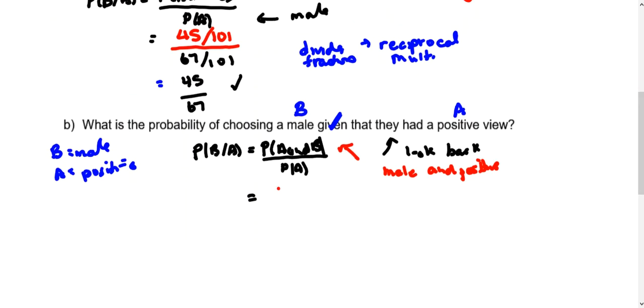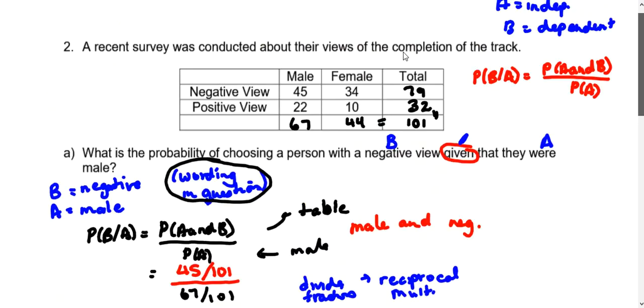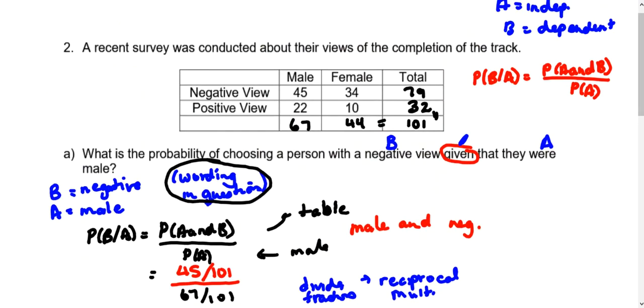So that's going to be 22 out of the 101. Divided by, I'm going to use green here, the bottom part has to be just positive. So I look up and ask, how many people had a positive view? 32.